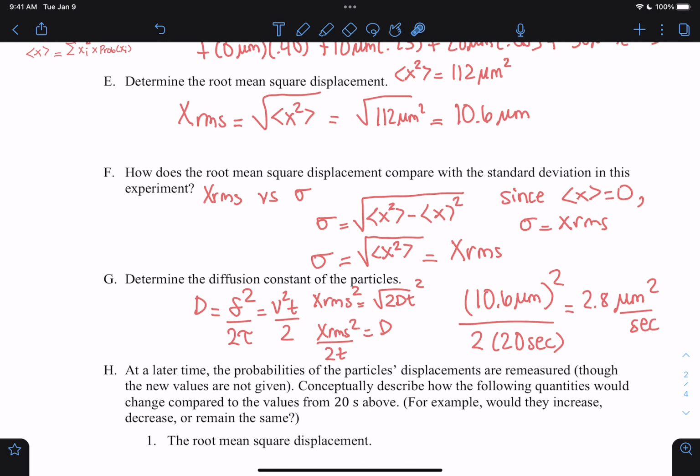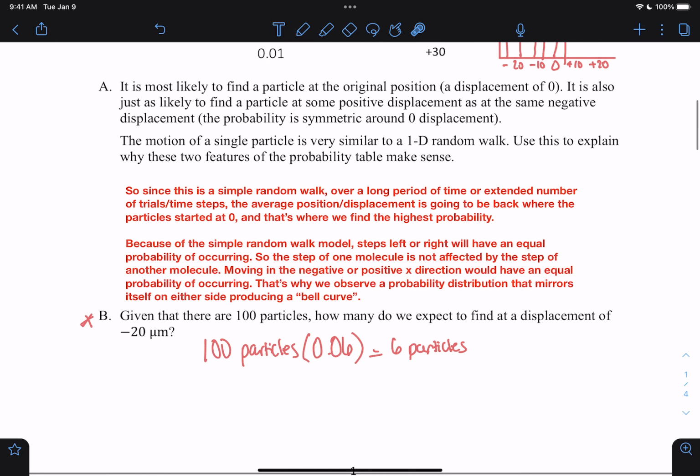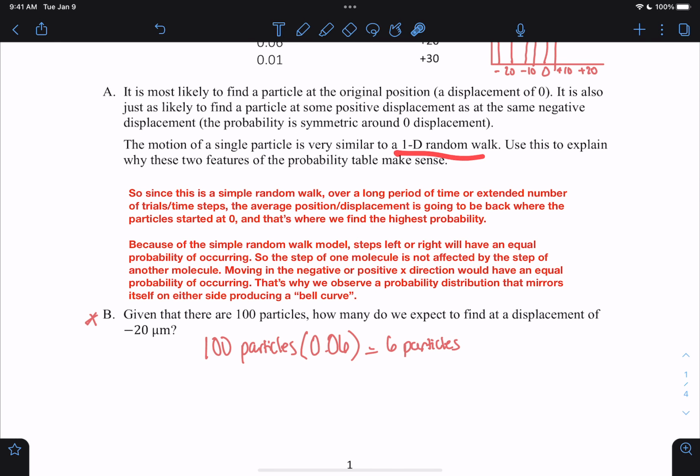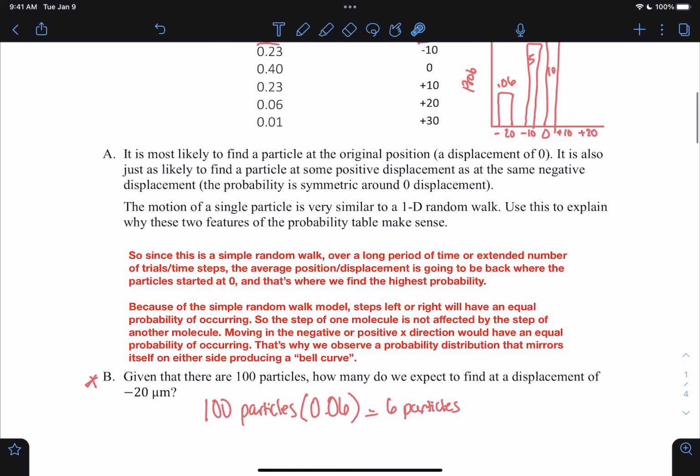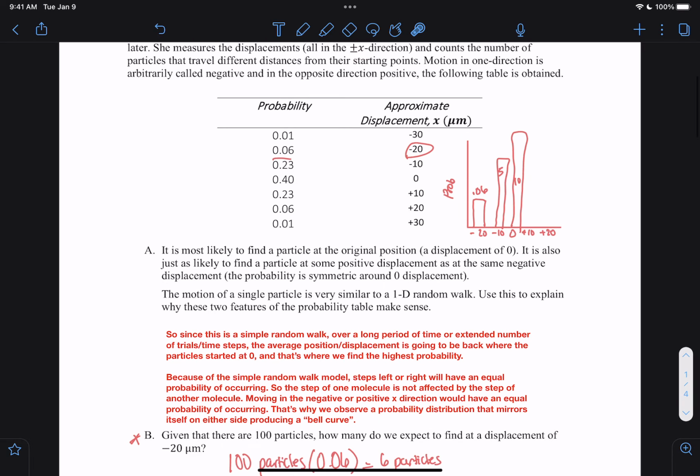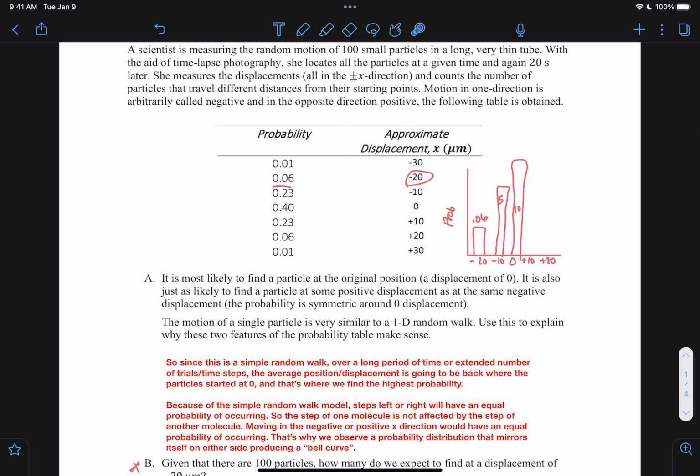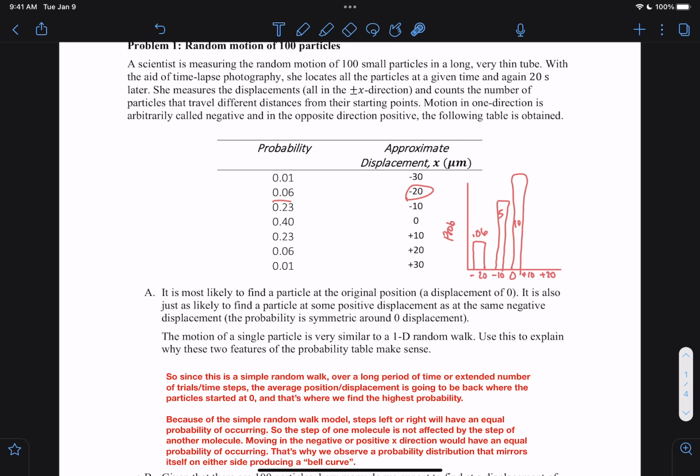Because I think in the beginning of the problem they said it's very similar to a 1D random walk. Mm-hmm. Yeah, normally if we were just talking about particles and they didn't specify what's going on, then normally it'd actually be 3D if you have a gas or something like that.